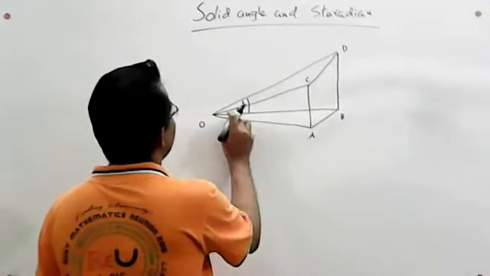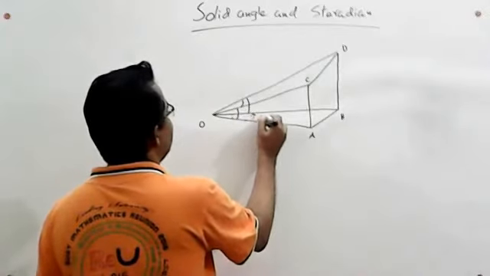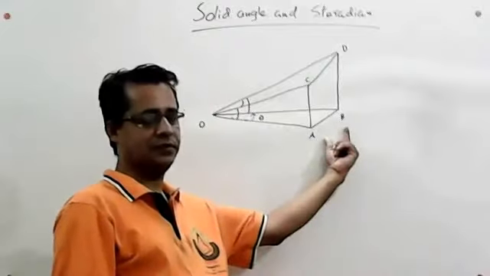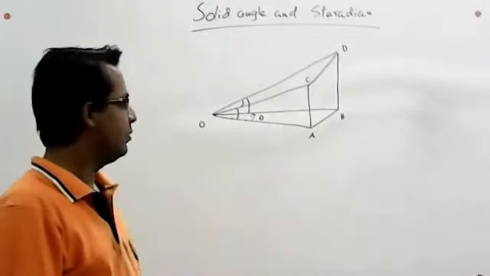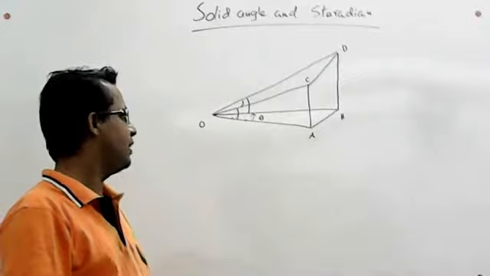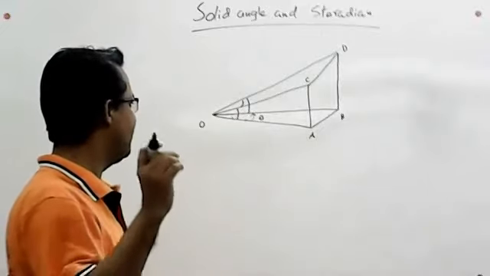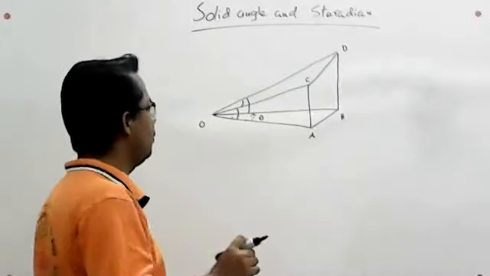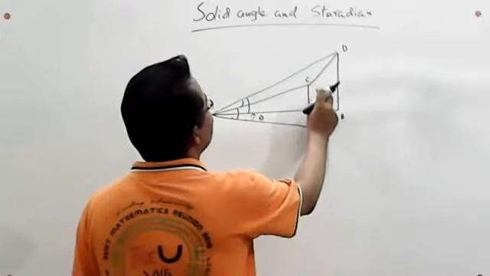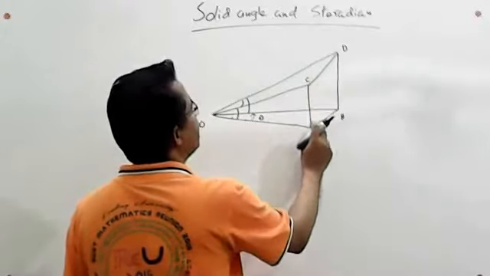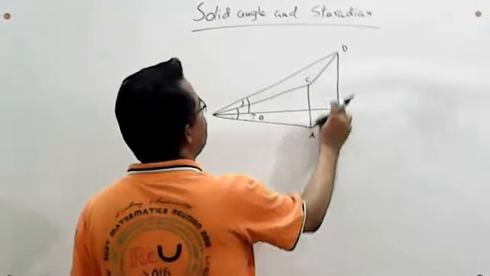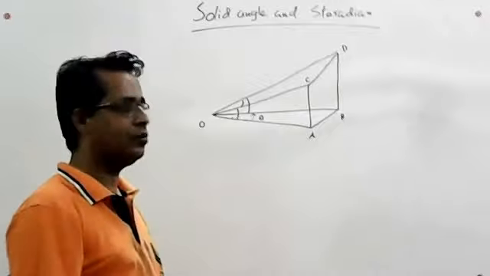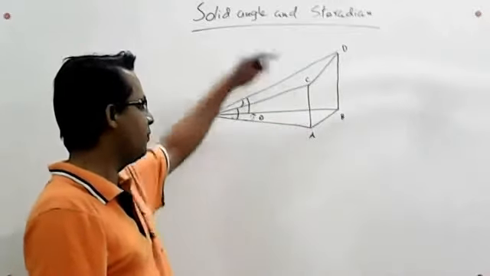And suppose this angle is theta, which is the plane angle for the line segment AB. Now, we need to measure how much inclination is needed to understand the area of this surface ABDC. How much inclination is needed to cover the whole surface?